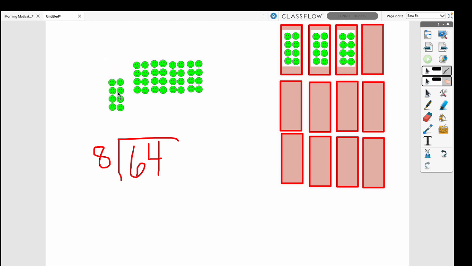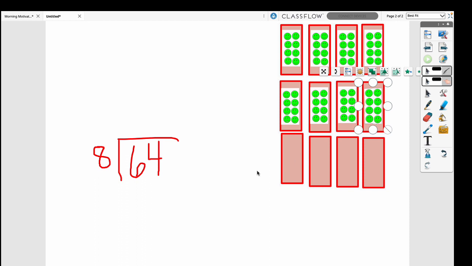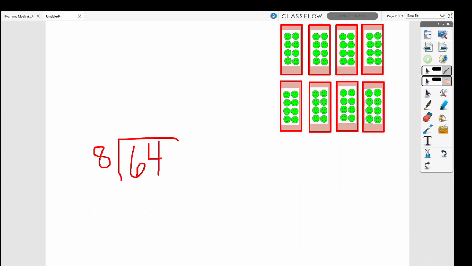And then I have another group of 8. Another group of 8. Another group of 8. And another group of 8. So now I have all of the kids on the bus. So we don't need these buses here, right?